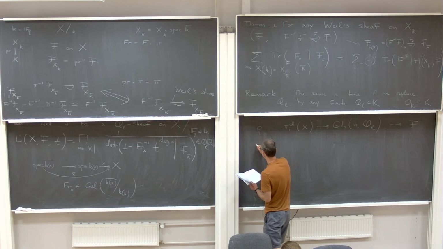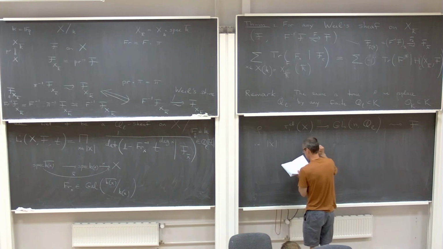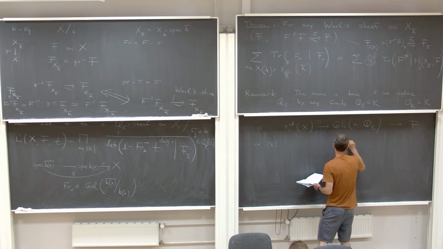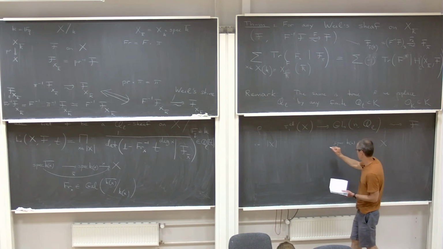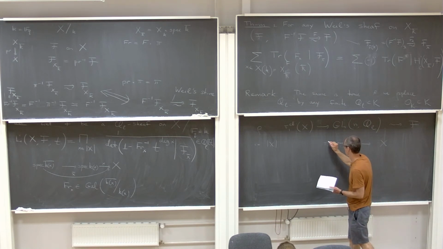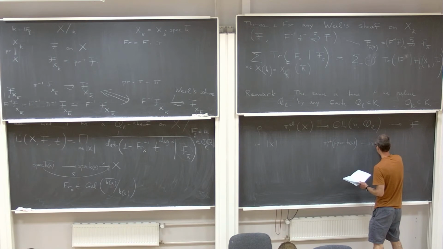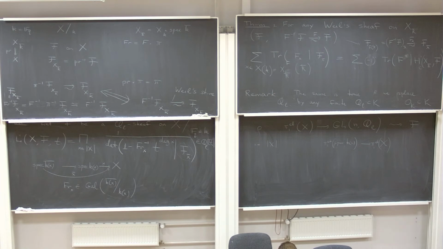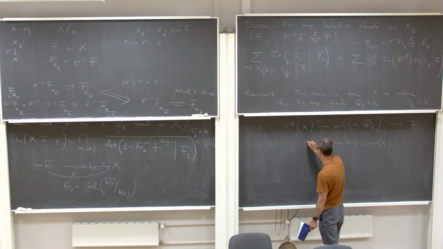And if I have a point x, this gives me a map from the spectrum of k(x) to X. And in particular, it gives me a homomorphism on fundamental groups defined up to conjugation, because there are no base points here. And so here I have Z hat, so here I have the Frobenius, explained there.